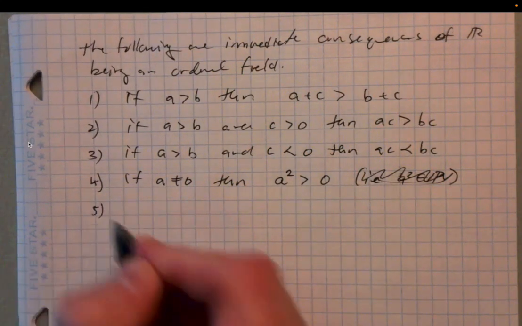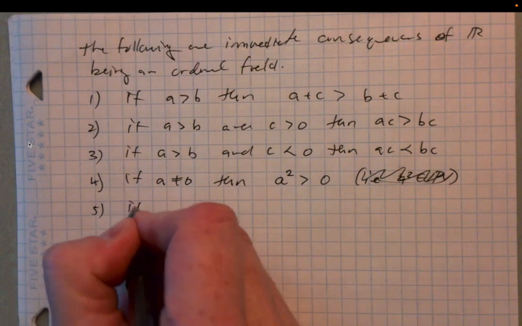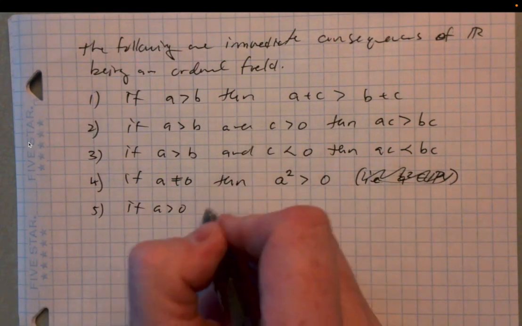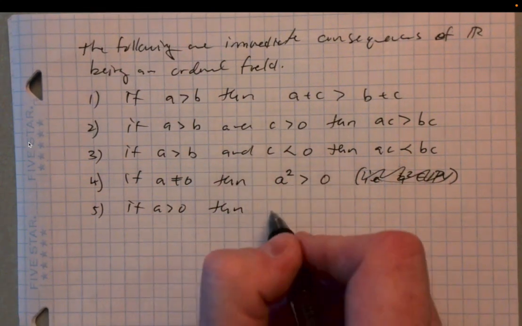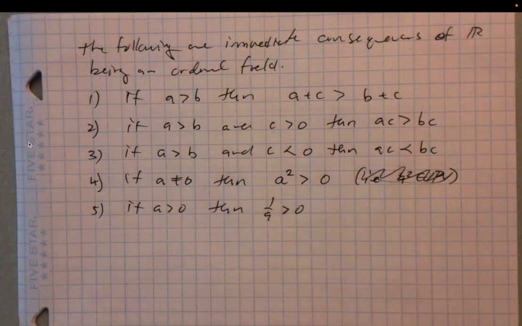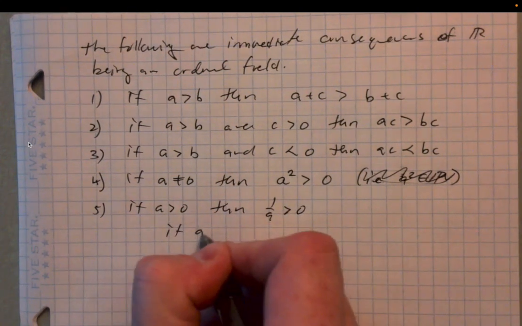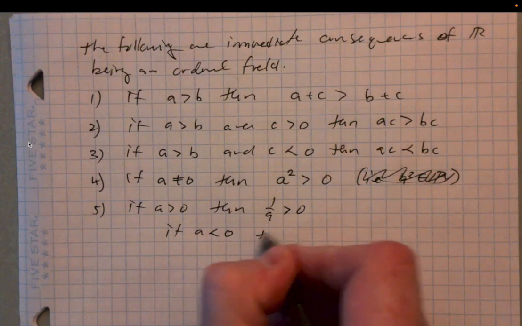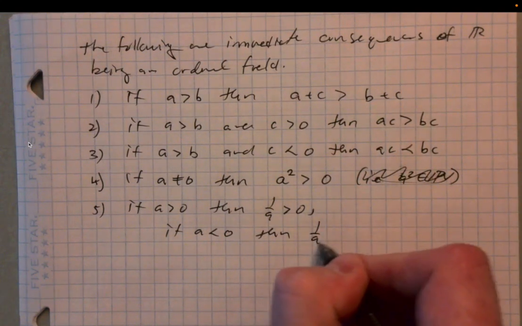Okay, and then finally number 5, if A is greater than 0, then 1 over A is greater than 0. And if A is less than 0, then 1 over A is less than 0.